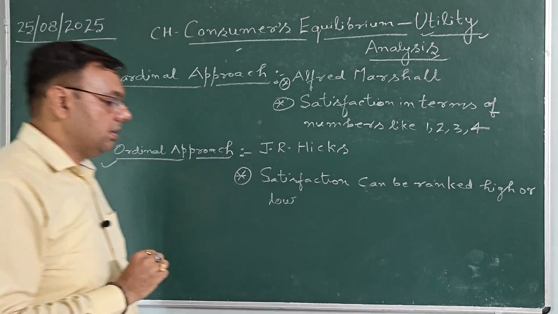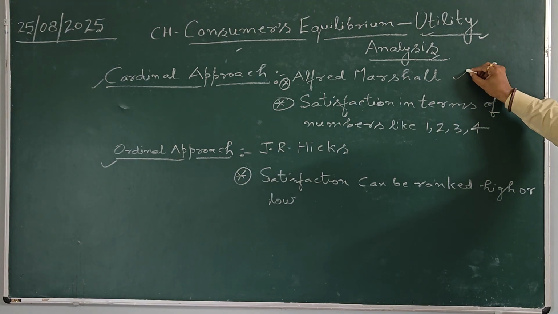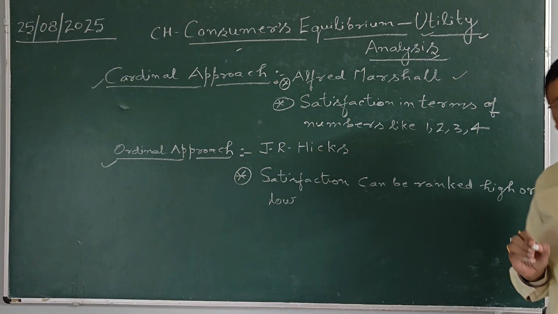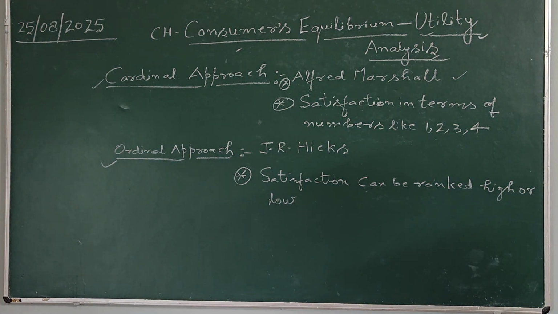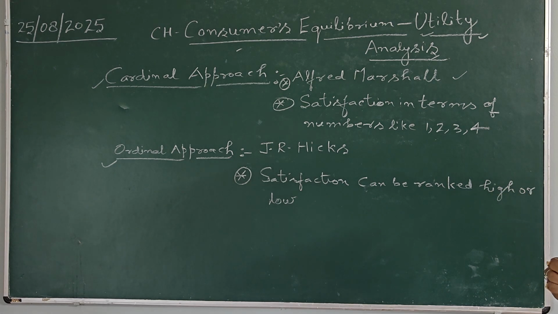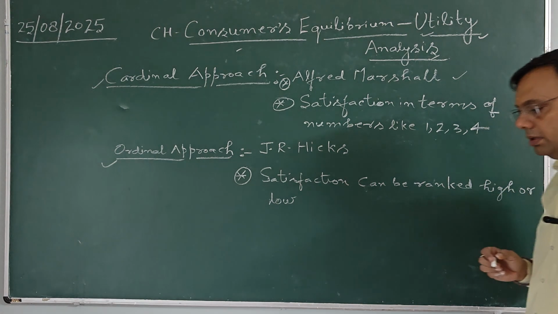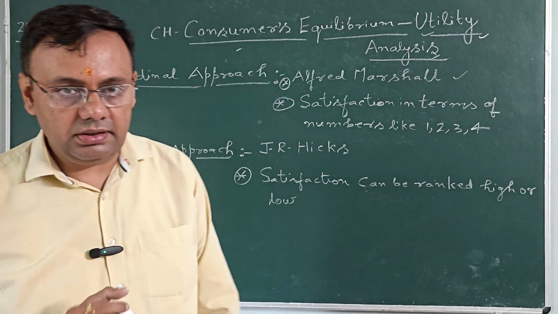The cardinal approach is given by Alfred Marshall, and according to this, satisfaction can be expressed in terms of numbers like 1, 2, 3, 4 and so on. We consume 4 slices of bread and we get satisfied.